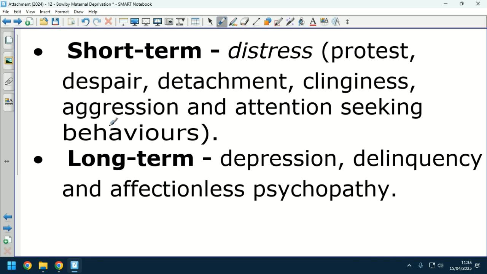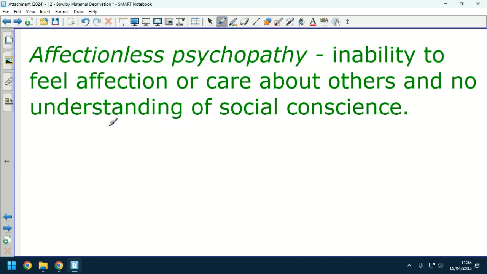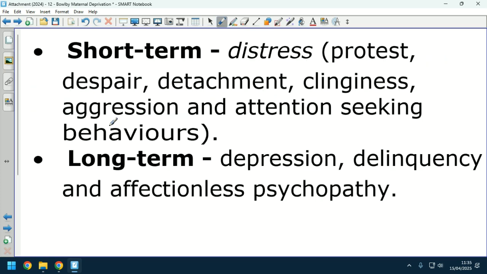Delinquency is very similar to this idea of somebody who repeatedly gets in trouble with authorities. But affectionless psychopathy is determined by the inability to feel affection or care about others. It's also linked to this idea of psychopathy, where there's no real understanding of social consequences, in other words, right and wrong. And so this is quite important here.